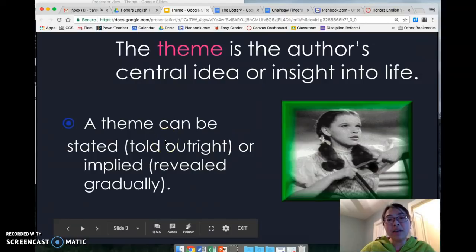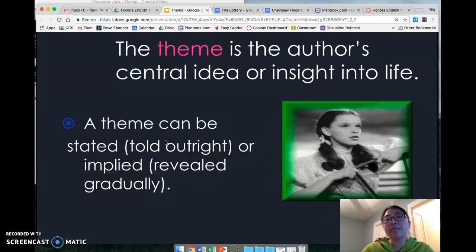So the theme is the author's central idea or insight into life. It's always going to have something to do with a universal idea or piece of wisdom that can be transposed and applied to many people, not just one person. A theme can be stated or implied.